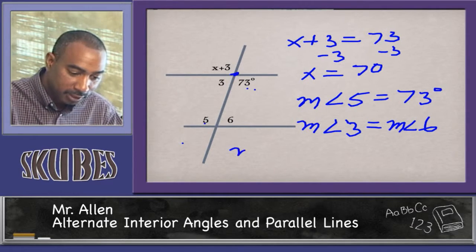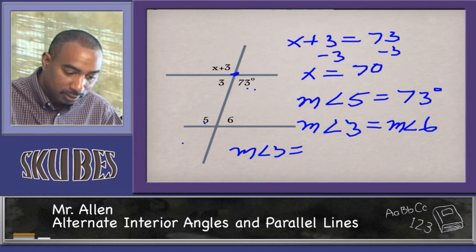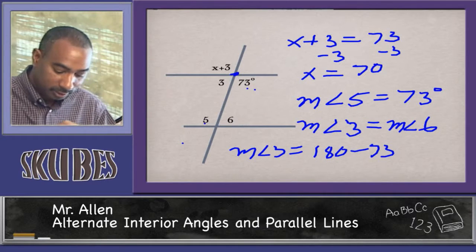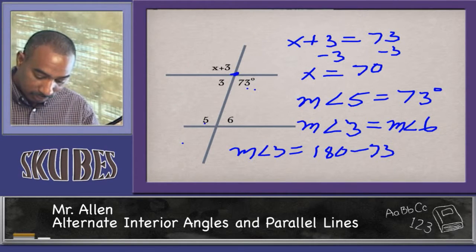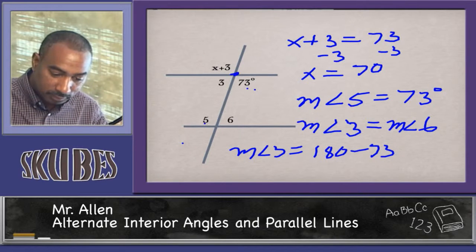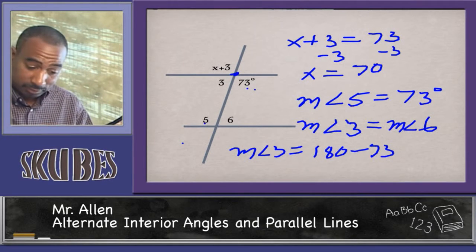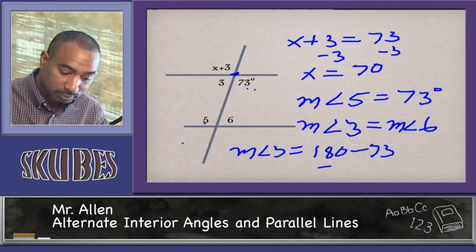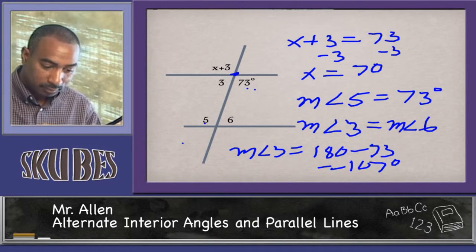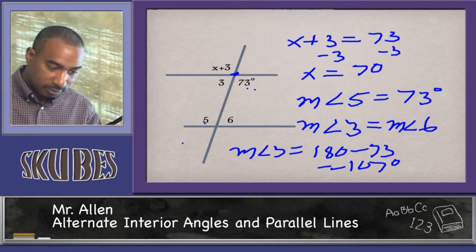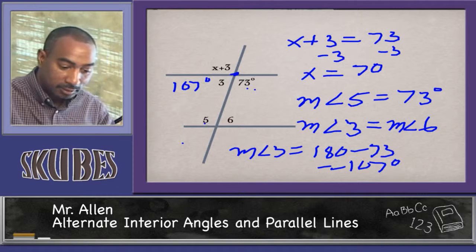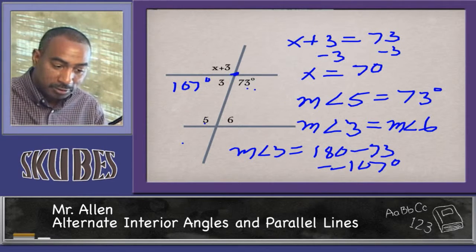So the measure of angle 3 equals 180 minus 73, which gives you 107. So if this is 107 degrees, then the measure of angle 6 must be 107 as well.